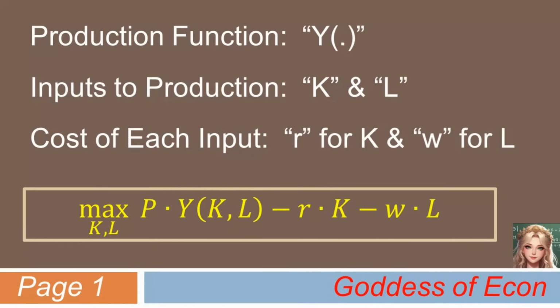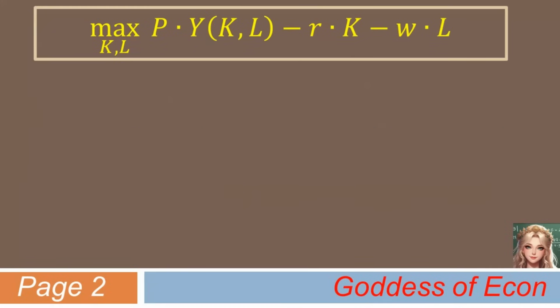Maximize the profit by choosing the optimal quantities of capital and labor. Here, P times Y is the total revenue, whereas the sum of R times K and W times L represents the total cost. So, the total revenue minus the total cost is the profit, and the firm's objective is to maximize this. Simple, isn't it?